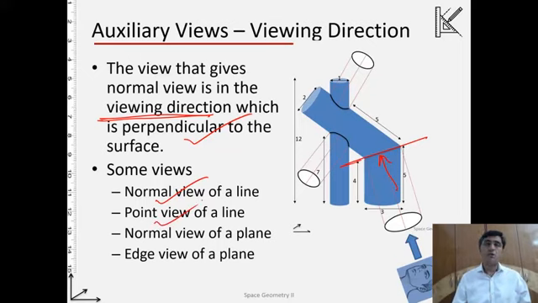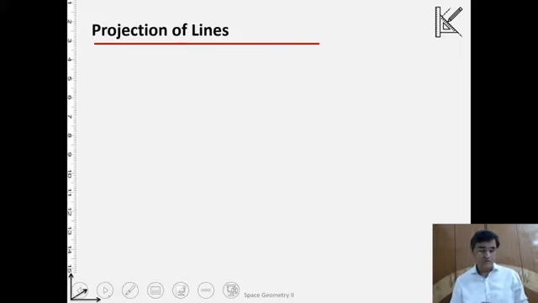We'll call it a point view. Similarly for the plane, a plane being projected onto the horizontal, this plane is parallel to the horizontal, so the projection will be a normal view, while for this plane the projection onto the profile or onto the frontal will be an S view. We'll make use of this learning and take it forward.